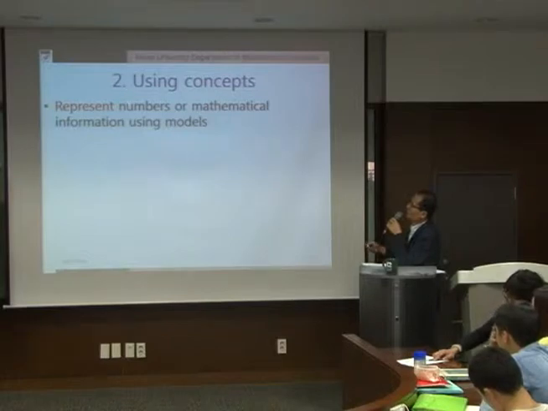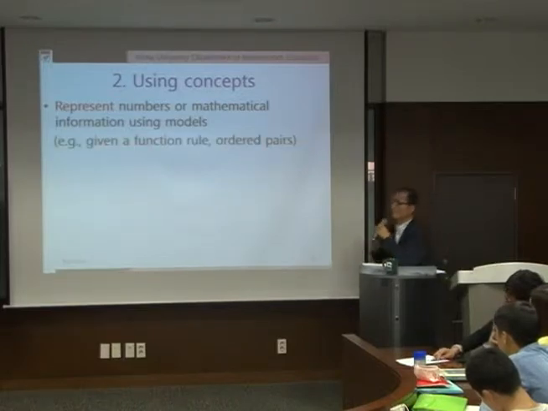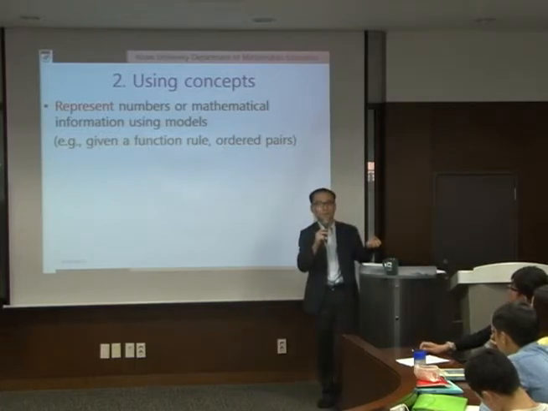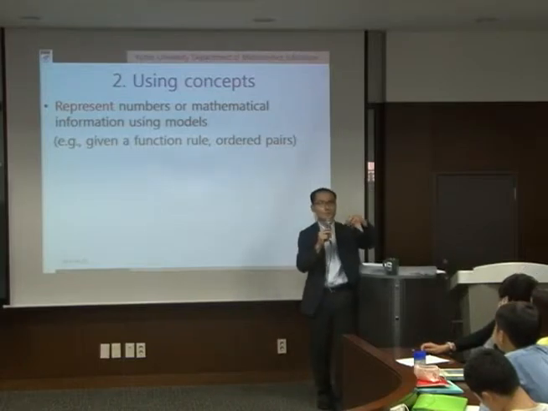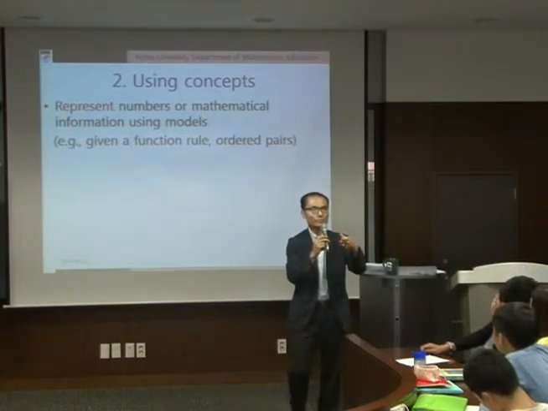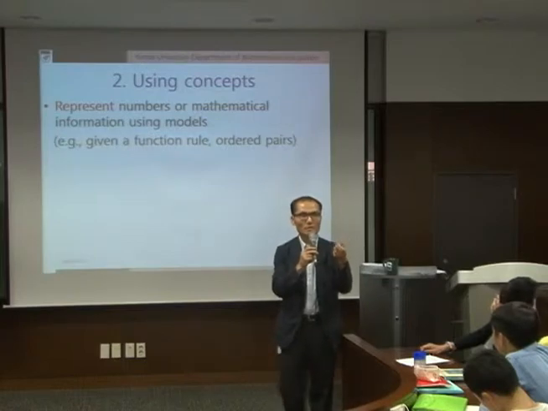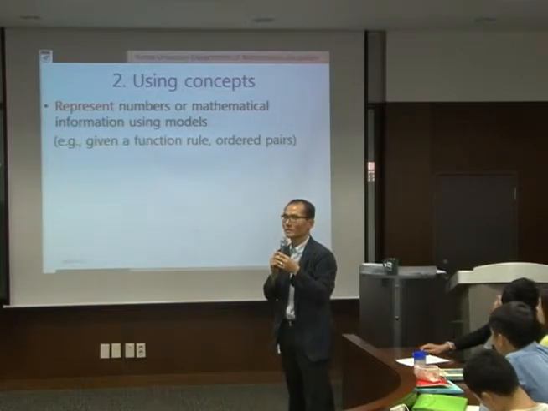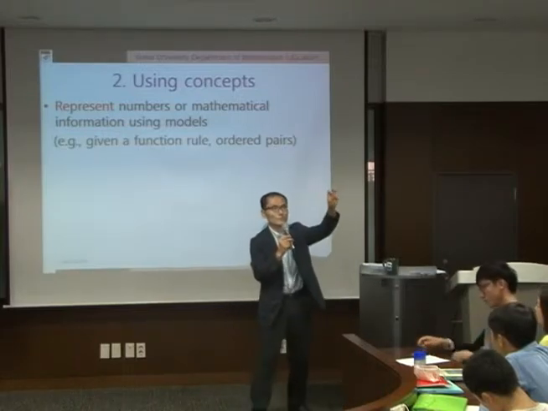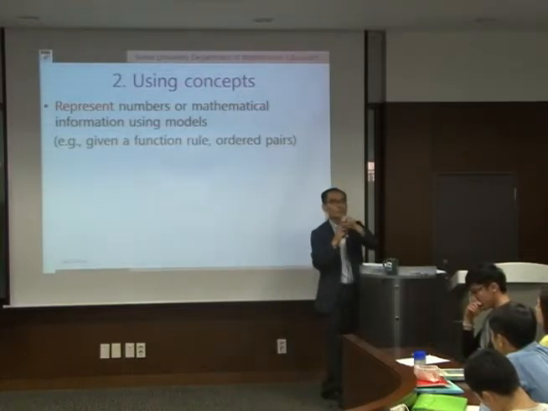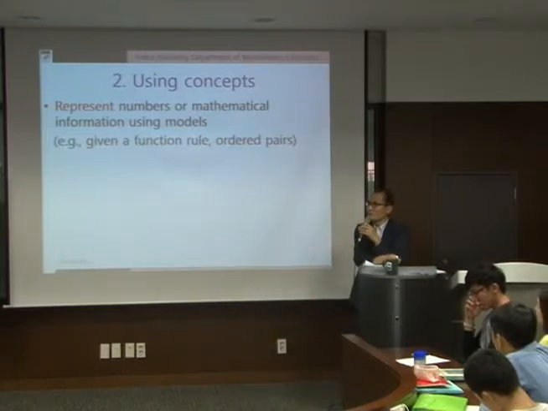What about representing numbers or mathematical information using a model? For instance, given a function rule, what about ordered pair, right? As you can see, using concept includes what? Part of the representation process in the NCTM standard, right? Can you see that? So representation, right, was separated from the other 4 processes in the NCTM standard.